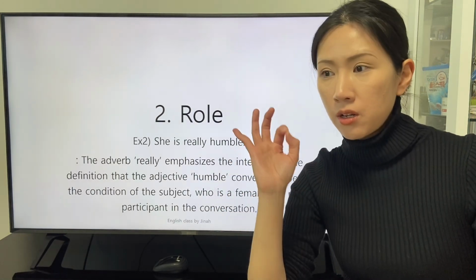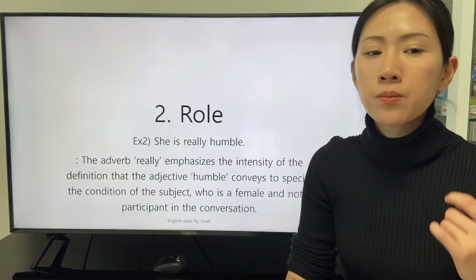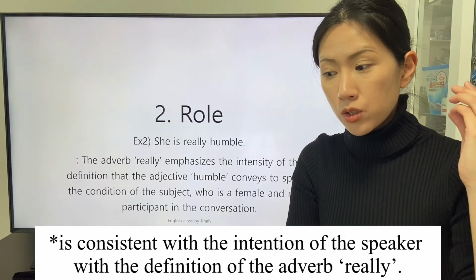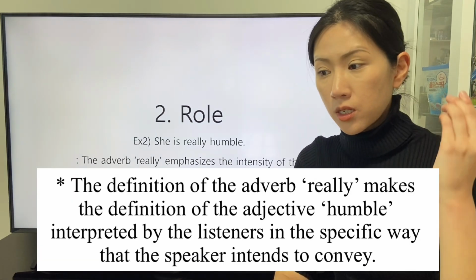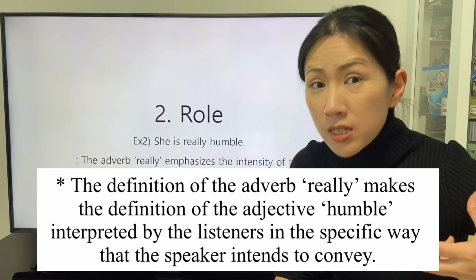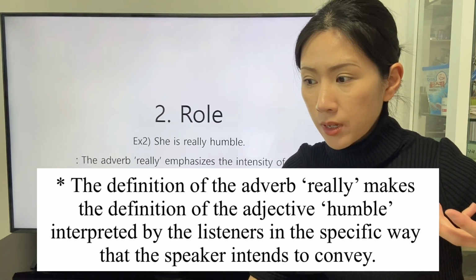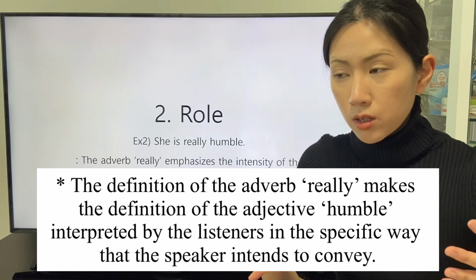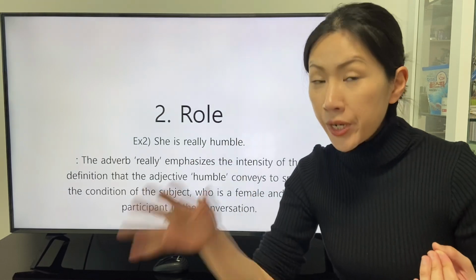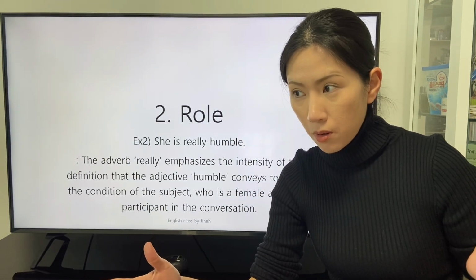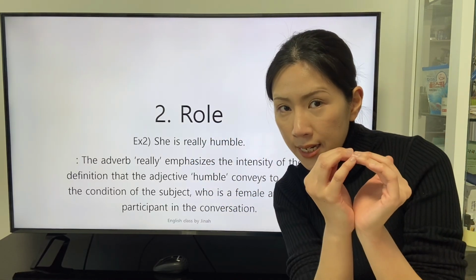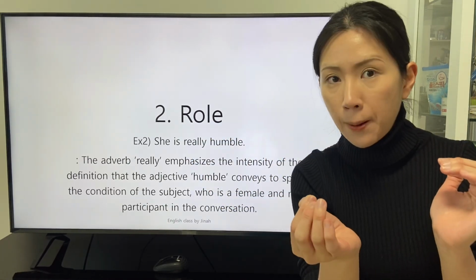The condition of the subject is the specification by the adverb really lets the clause convey the closest intention of the speaker.